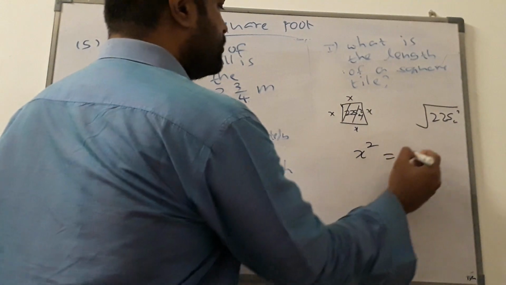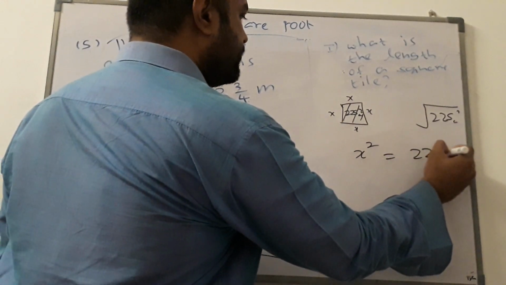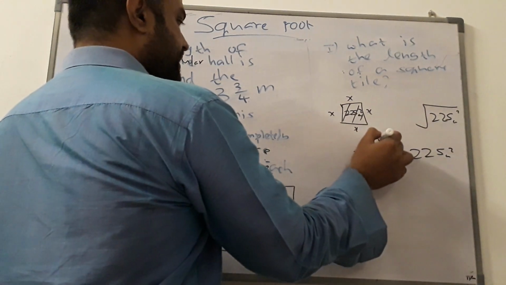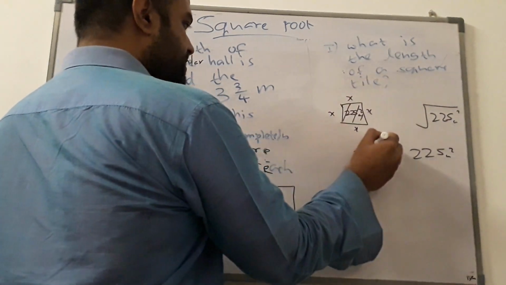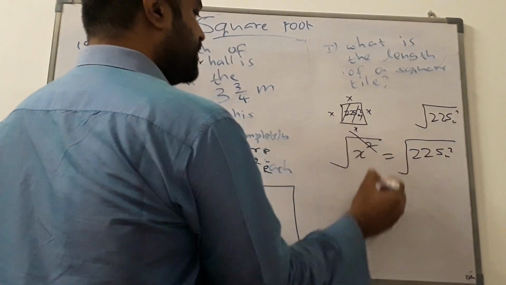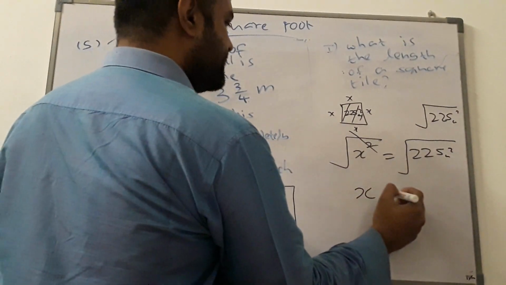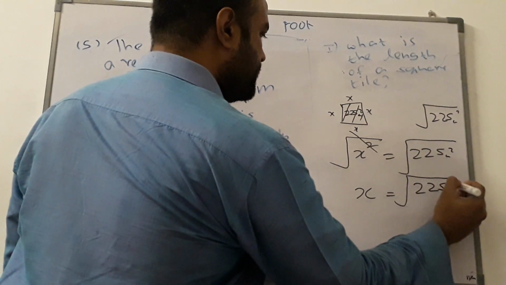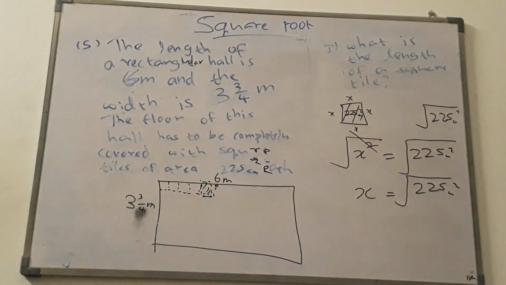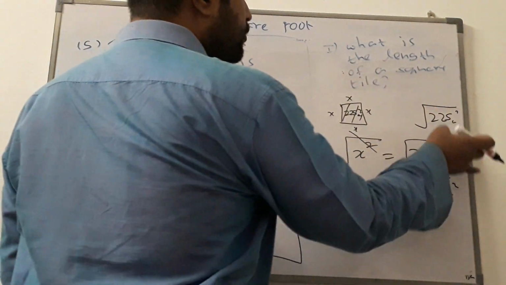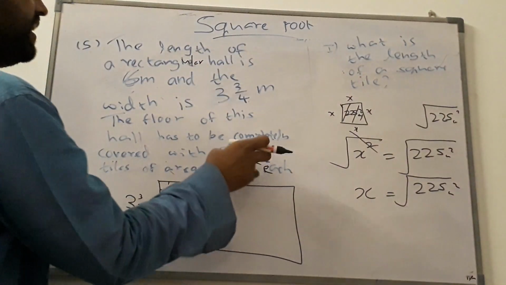That is equal to the area, 225 centimeters square. So we want to find x here. So we have to find the square root of this. So root and square get cancelled. So x is equal to square root of 225 centimeters square. Okay. So to find the x or the length, we have to find the square root of 225.